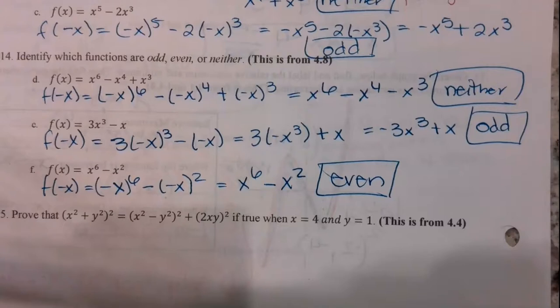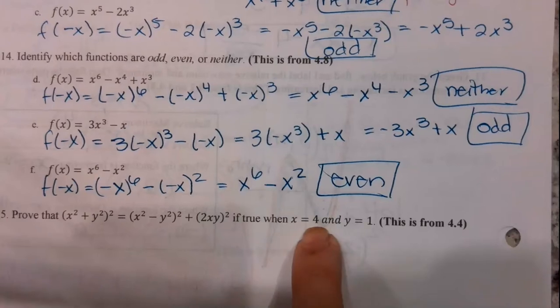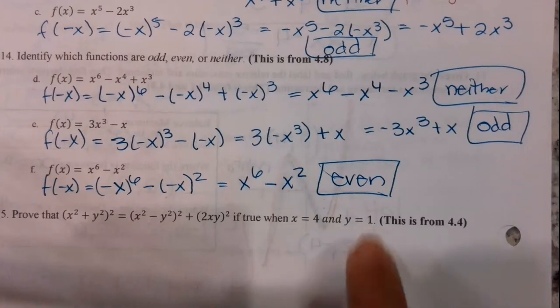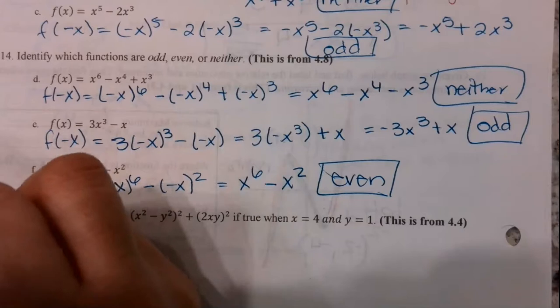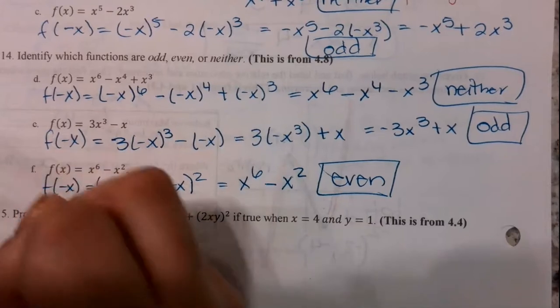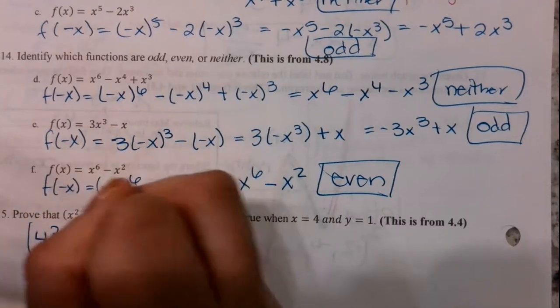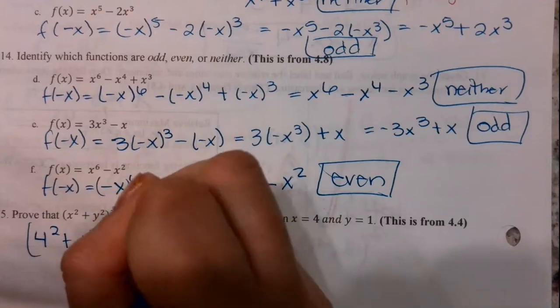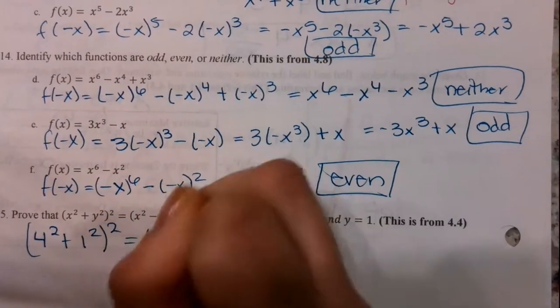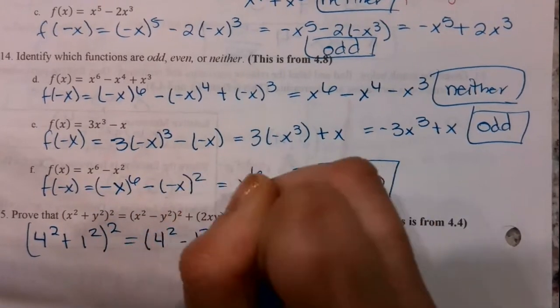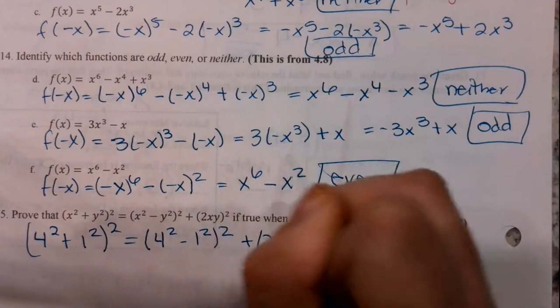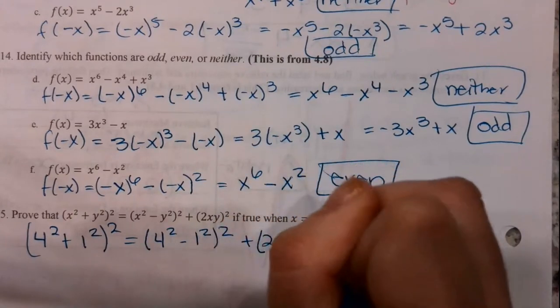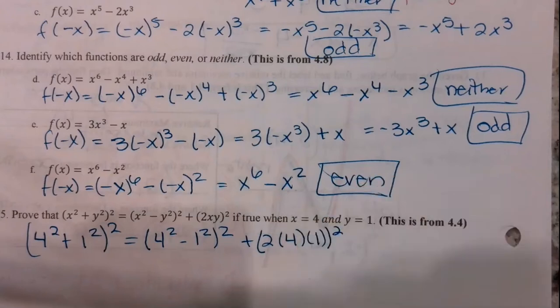Okay. Number 15 wants me to prove that this works when I plug in the given values. So I'm plugging in 4 for x and 1 for y. So I have 4 squared plus 1 squared, squared. And then I want it to prove that it equals 4 squared minus 1 squared, squared, plus 2 times 4 times 1 squared.